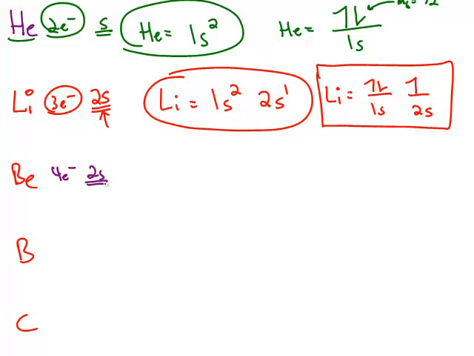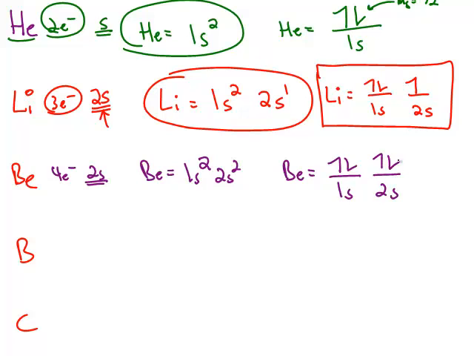It will also end up in the 2s subshell where the last electron is. So beryllium has an electron configuration of 1s2, 2s2. In the orbital diagram, the first 2 electrons fill up the 1s subshell, and the second 2 electrons fill up the 2s subshell.